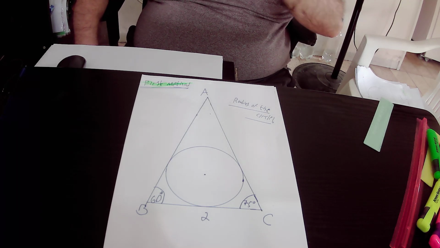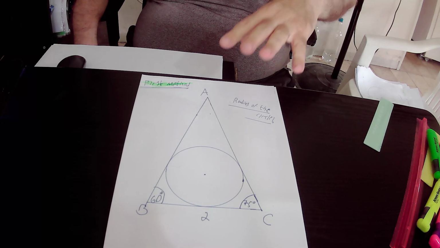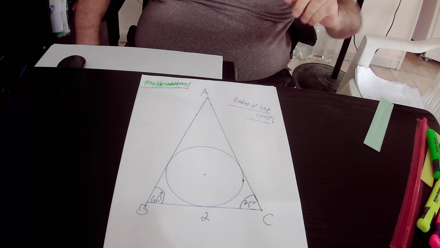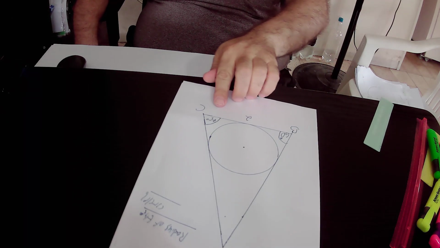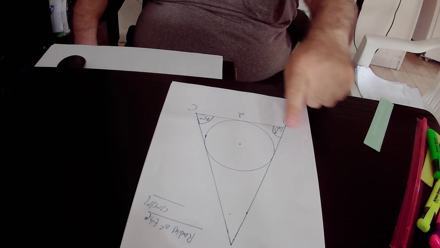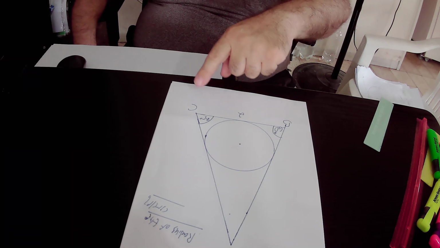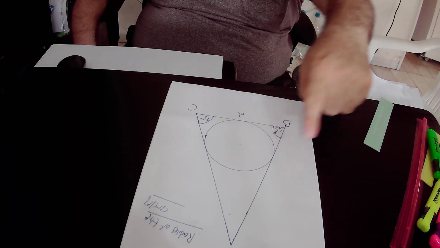Okay, so we'll start with the first method, and we will do a construction. From point C, we will draw a perpendicular on AB. Repeat again, from point C, we will draw a perpendicular on AB.